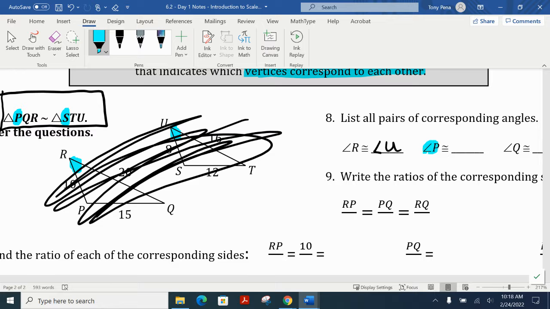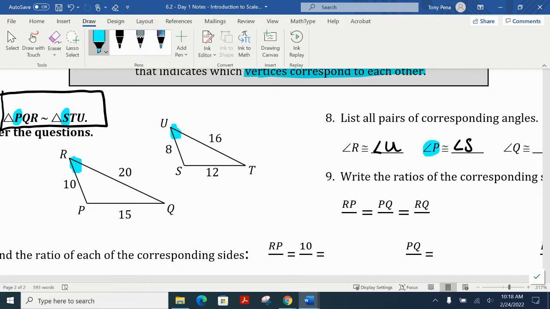So when we come to angle P, since P is the first angle listed in the order of this one, the S must be the angle that it corresponds to in the second one. So if I now reintroduce this picture, would we agree then that angle P, which would have been down here, corresponded to angle S right here? All right. And then that graph should kind of give you the visual that that is also the case.